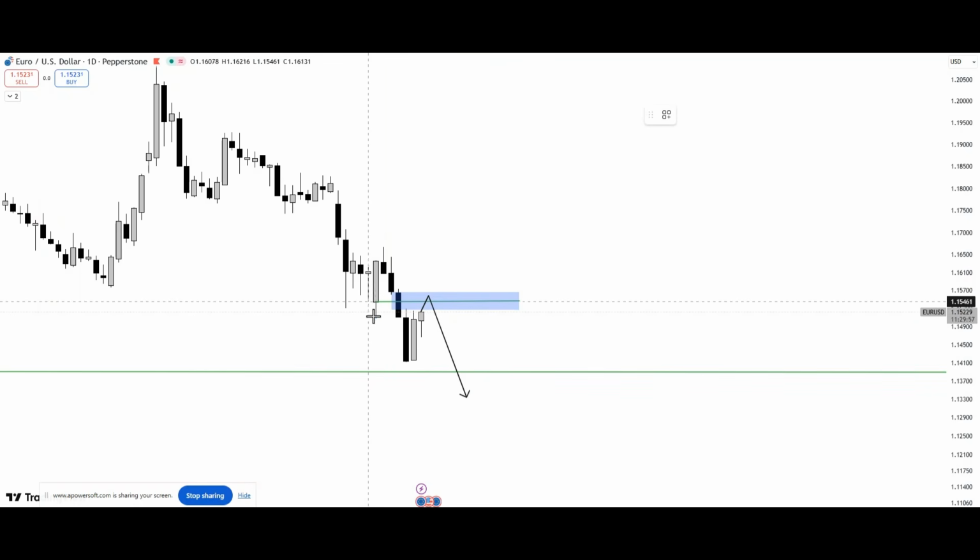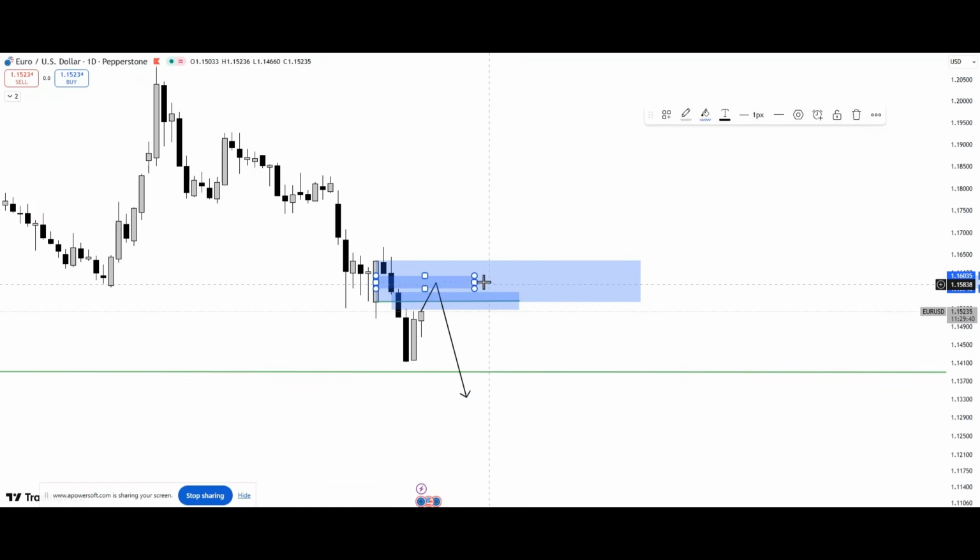Remember, the order block covers all these. So you can still have a retracement to this fair value gap here. This is still allowed. I don't want price to invert. This is the last line of defense. We don't want to see price invert this. If price inverts this, then there's a high probability that setup will be invalidated.